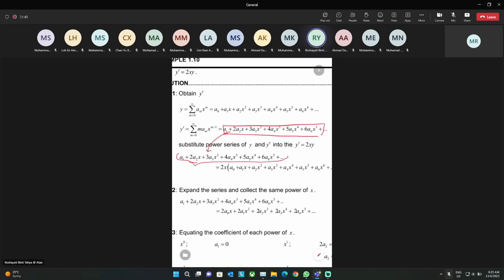Then equal to x multiplied by y, and this is y here. Alright? This is the general idea.